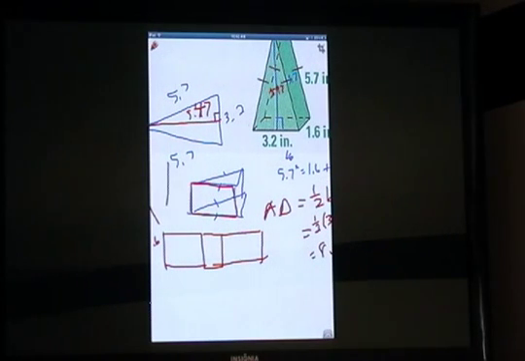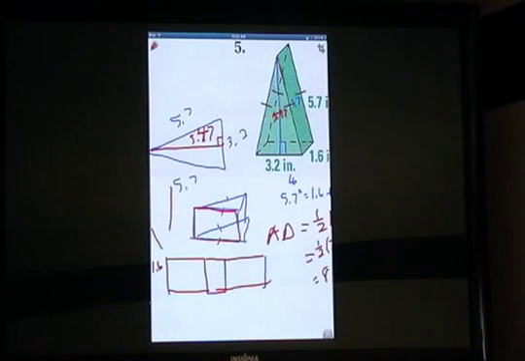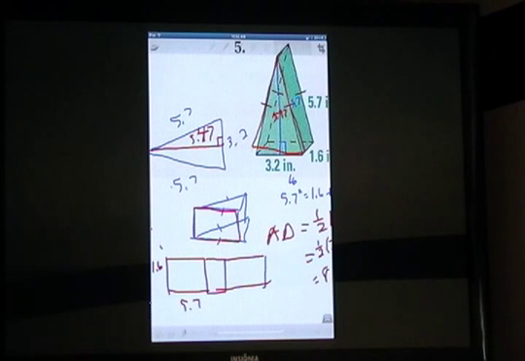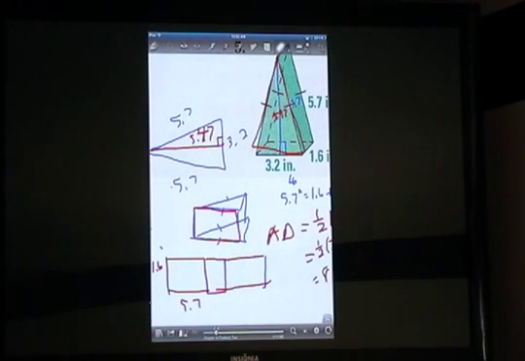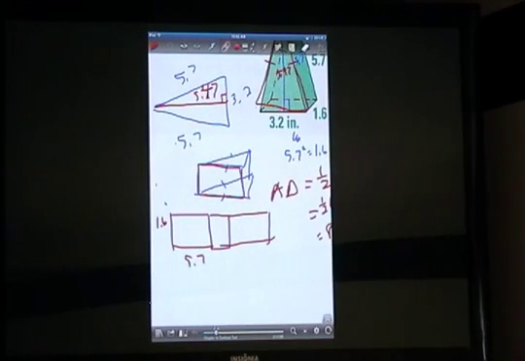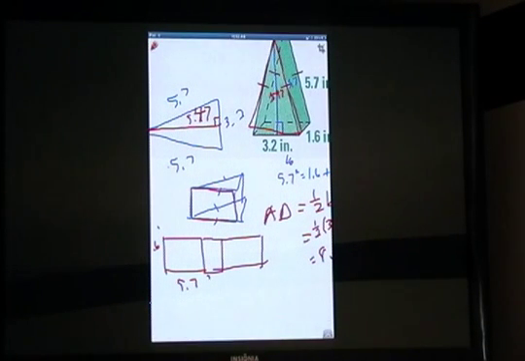So the length of this thing is going to be the perimeter of the base, which is 5.7, 3.2, and 5.7 again. So 5.7 plus 5.7 plus 3.2 is 14.6. So the whole distance along here is 14.6, and then the height is 1.6.